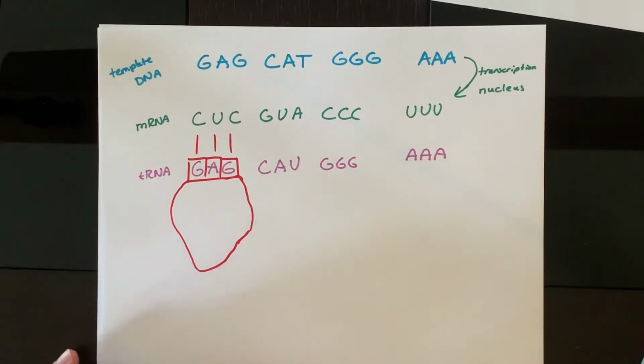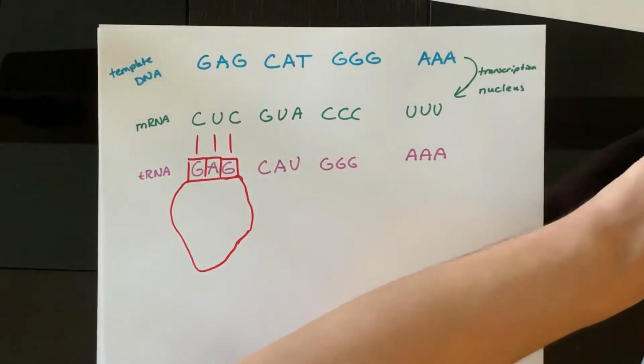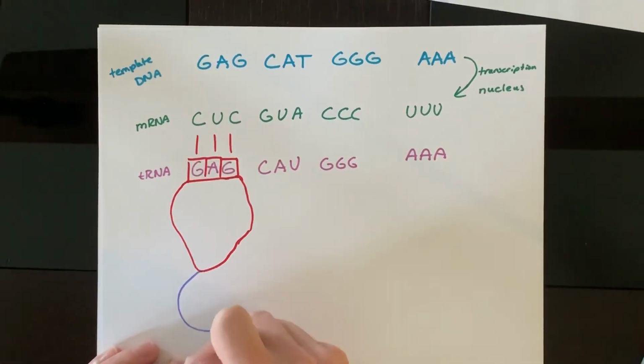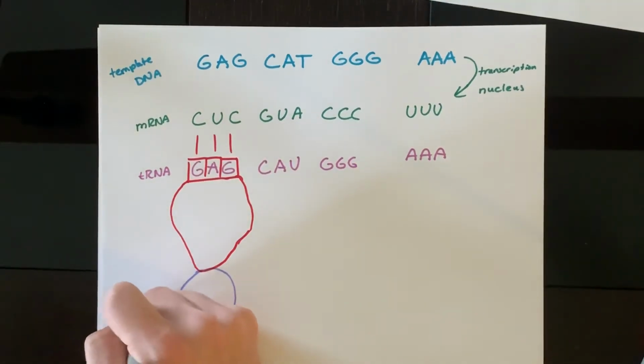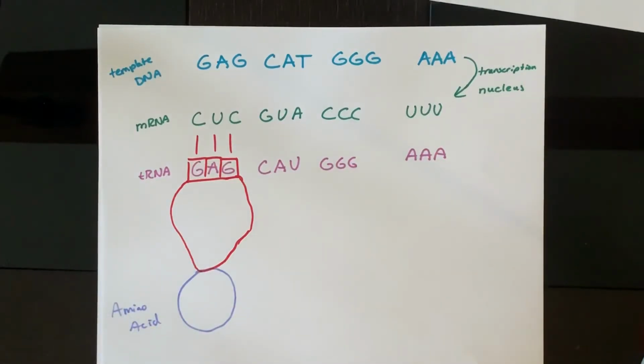And on the other side of this, attached to the end of our tRNA, is going to be our amino acid. And these amino acids, as they bind together, they make the protein, all right?